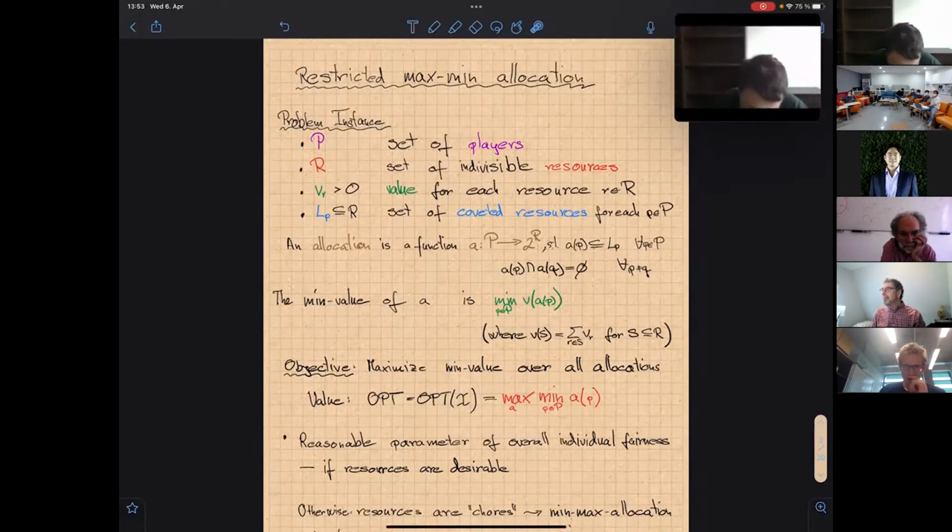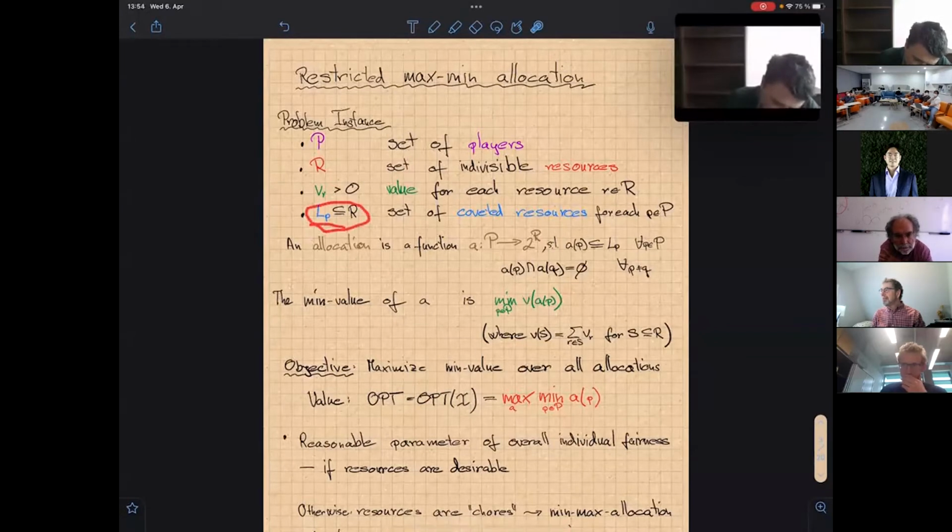These are the toys, the gifts the children would like to get. And each has a catalog value, which is positive for each resource. And each child identified a subset of the resources which they want to get.